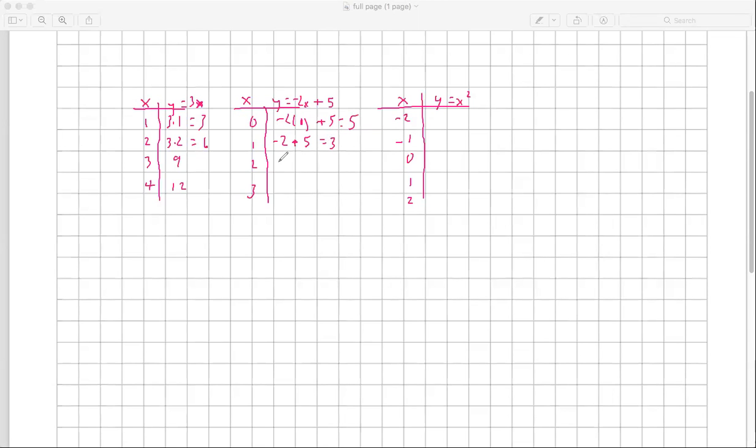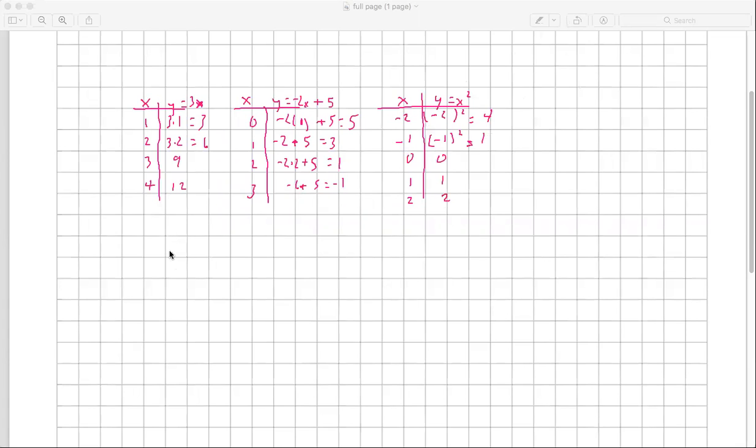Take my 2 in here, -2 times 2 plus 5 would be 1, and finally my 3, -6 plus 5 equals -1. So there's my y coordinates for these x coordinates. Likewise on this last one, try it and see what you get. So -2 squared will be +4, -1 squared will be 1, 0 squared 0, and so forth.